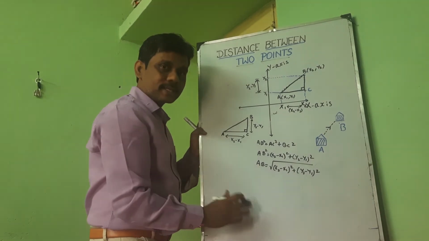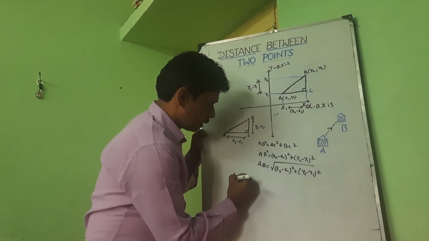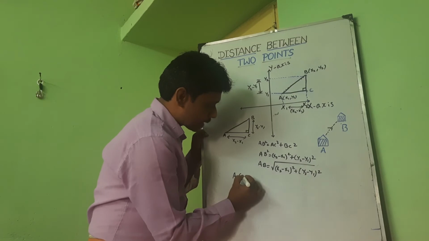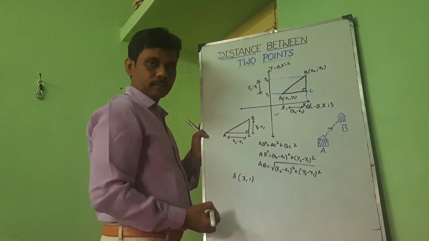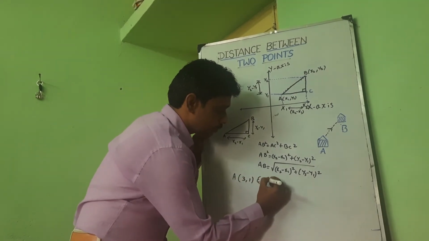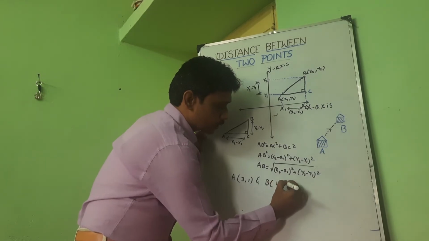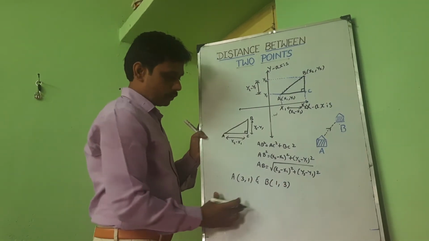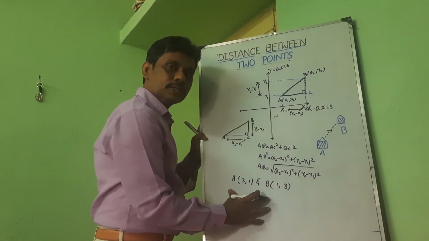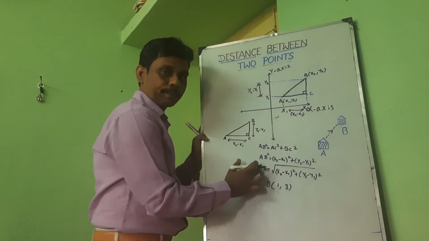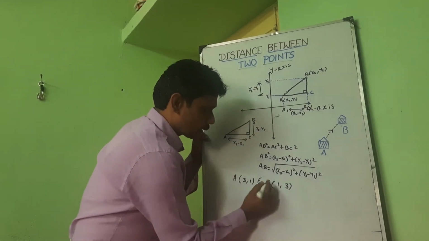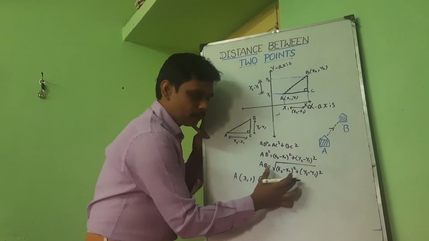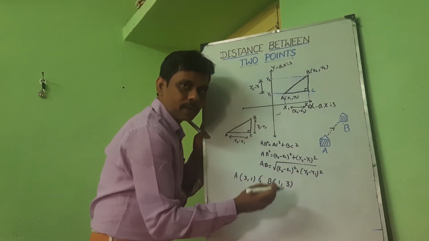Let us consider an example. A point on the xy plane as A (3, 1) and one more point I am considering, B, as (1, 3). So we need to calculate the distance between these 2 points by using this formula. For applying this formula, we need to identify first x1, y1 and x2, y2.